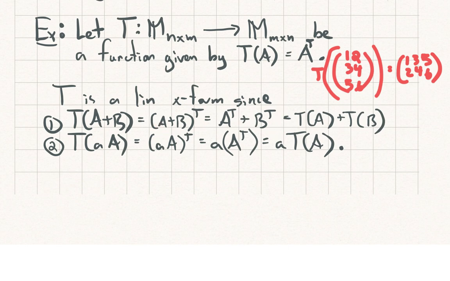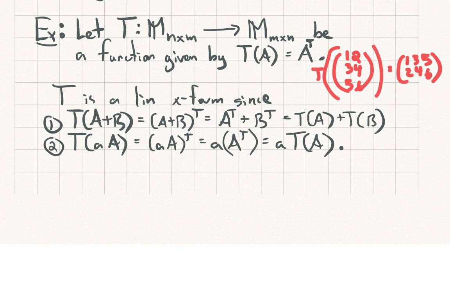Well, we know that this satisfies the first condition for being a linear transformation. If we add them and then apply the transformation, which in this case is the transpose, we get the same thing as if we applied the transformation separately. So we took the transpose of each matrix separately and then added them together.